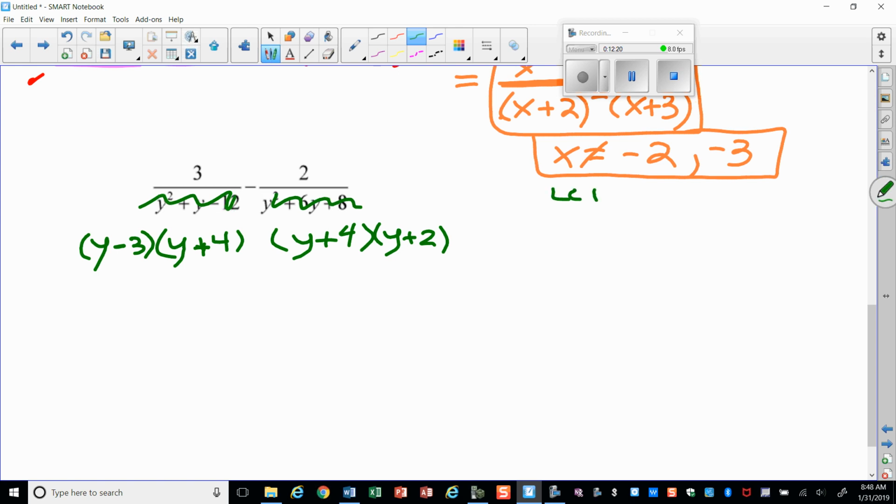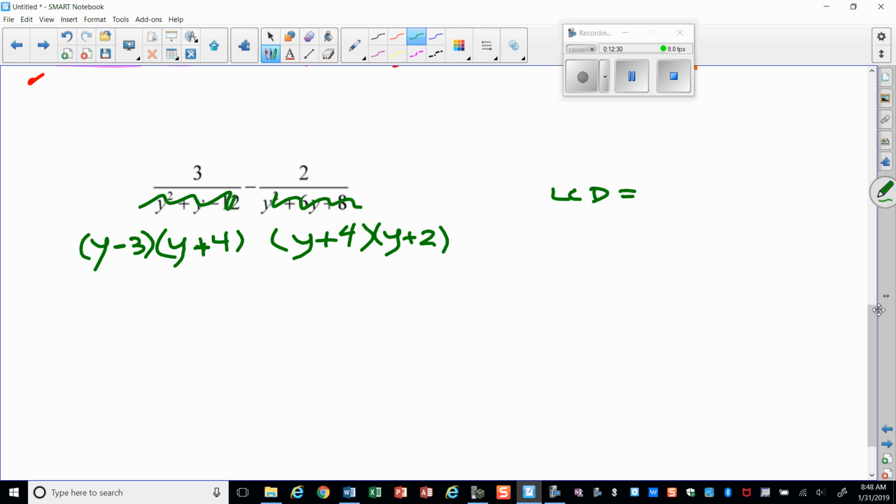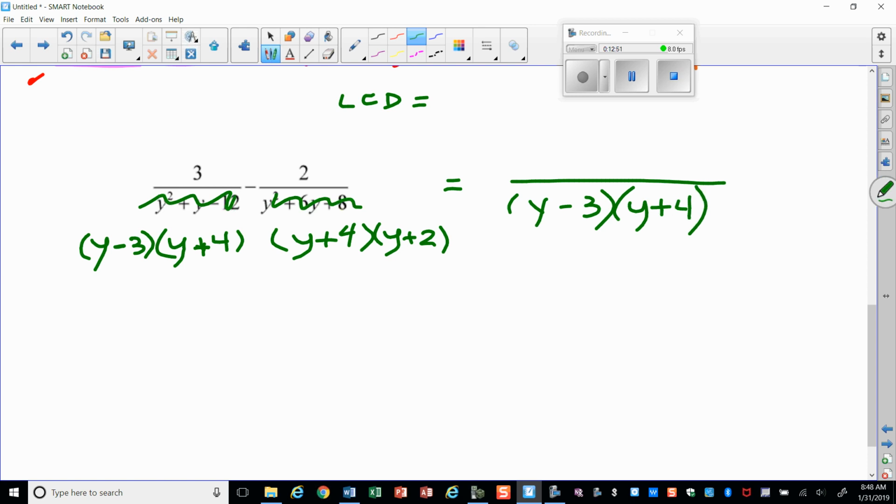Now I'm looking for my least common denominator. And so I have to have all the factors. So my least common denominator is going to be, it's got to have y minus 3, and it has to have a y plus 4, and so that takes care of this, right?